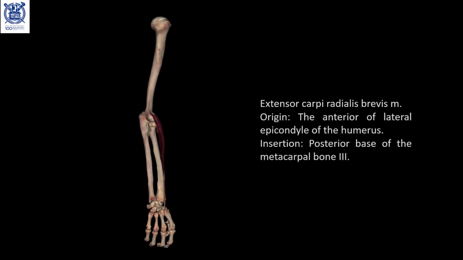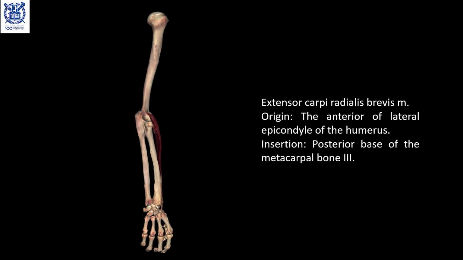Extensor carpi radialis brevis muscle. Origin, the anterior of the lateral epicondyle of the humerus. Insertion, posterior base of the third metacarpal bone. These three muscles, that is to say, the brachioradialis, extensor carpi radialis longus, and brevis, are called the mobile wad.